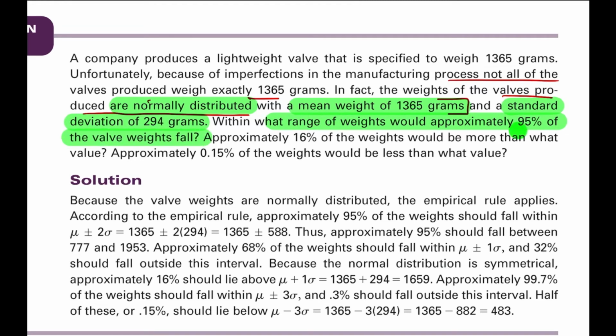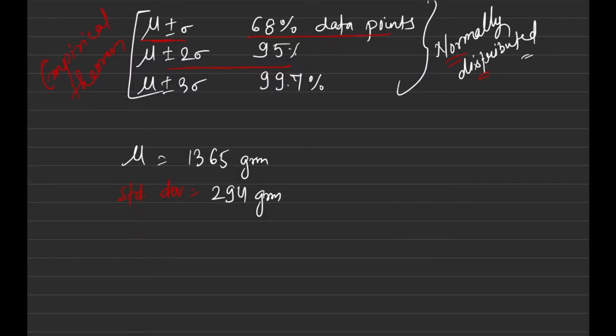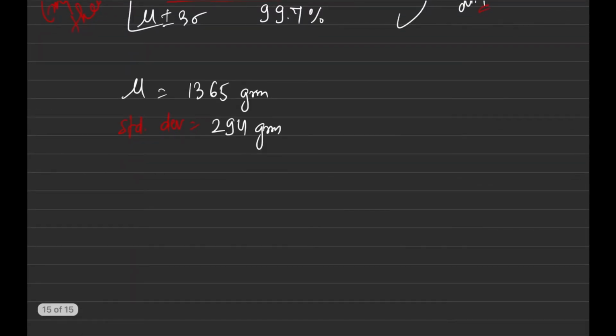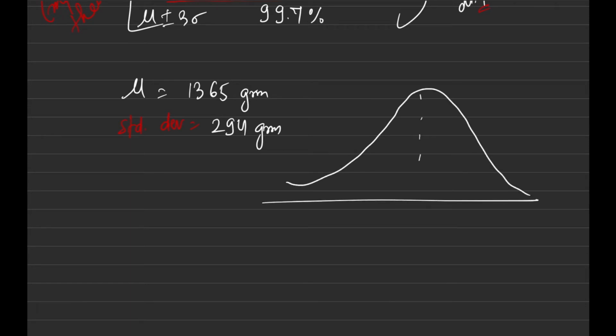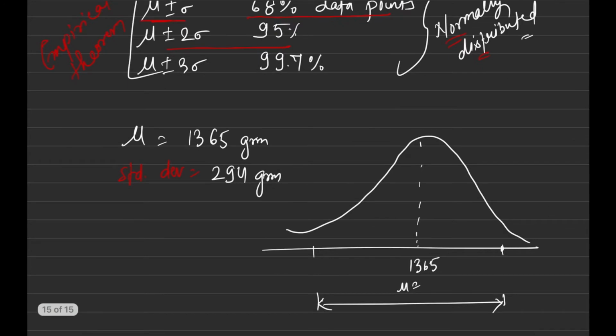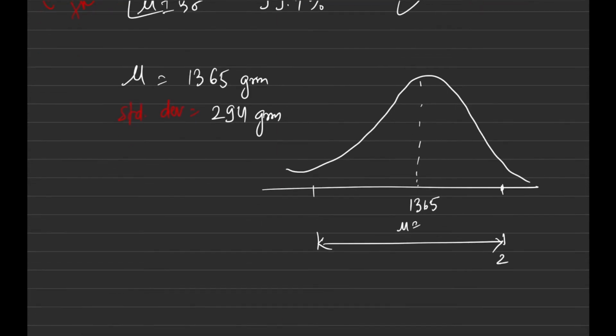So I want to know within what weight range 95% of the data points should fall. Now if this is normally distributed, I can draw this curve, and the data point here will be 1365. This is mu. Now 95% of the data should be in what range? As we know, as per the theory, the 95% range will be mu plus minus 2 sigma. That means this range.